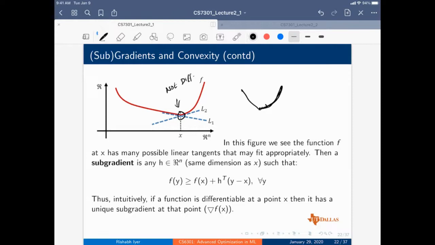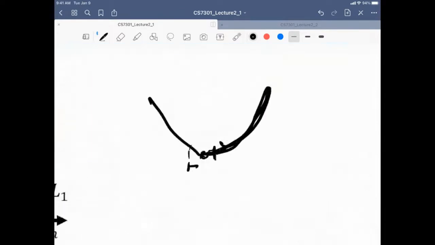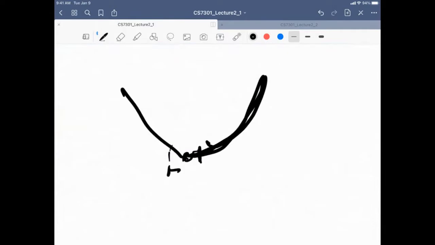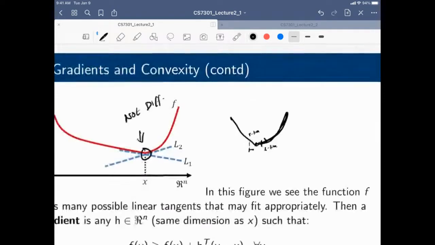Then if you go slightly in this direction, the slope will actually be different than the slope that you get going in the right-hand side. I don't know if this is clear, but essentially you take a right limit and you take a left limit, and the two of them are not going to be equal.